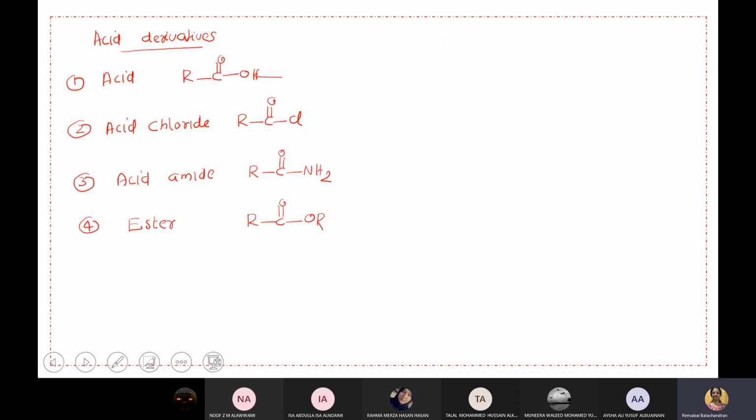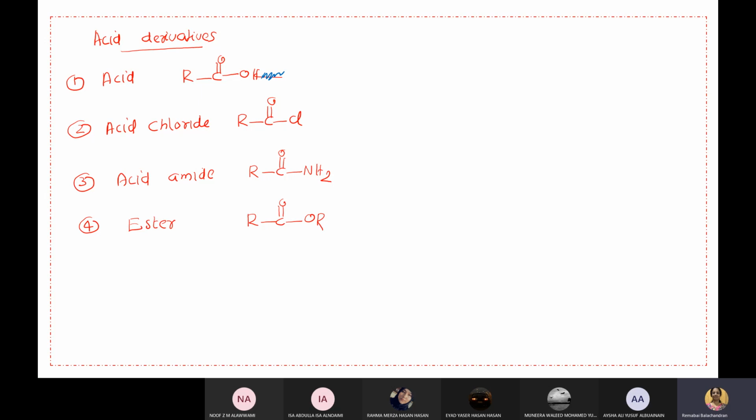Now, these all we didn't do. Acid derivatives means they are obtained from acids. First one I wrote is the acid itself, RCOOH.